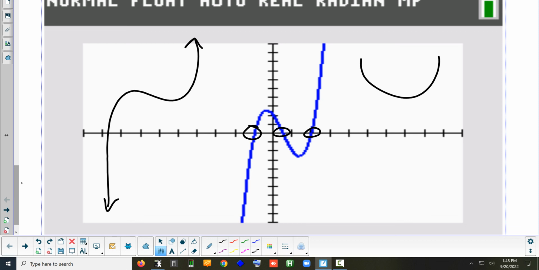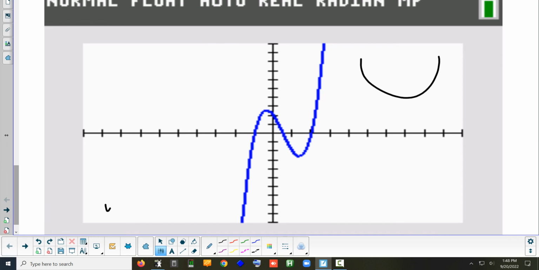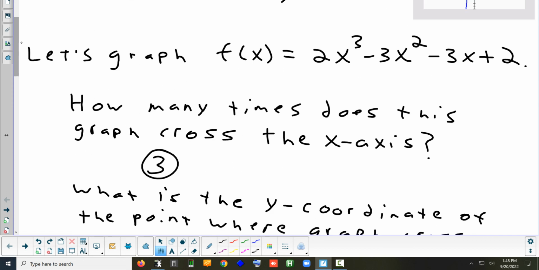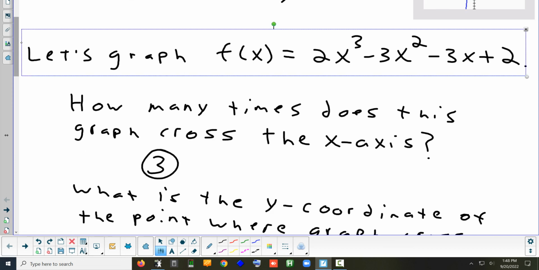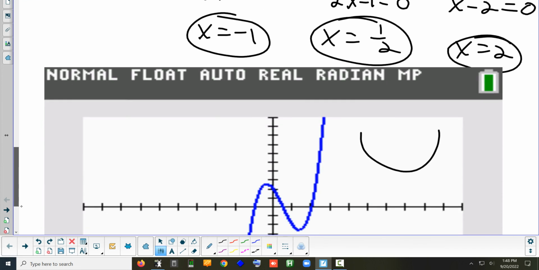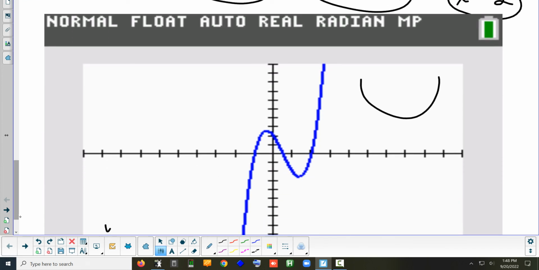What else here? Okay, look at the blue graph again. How many times does the blue graph turn? Twice. So if you look at the highest exponent and you subtract 1 from it, that will tell you how many times the graph could turn.